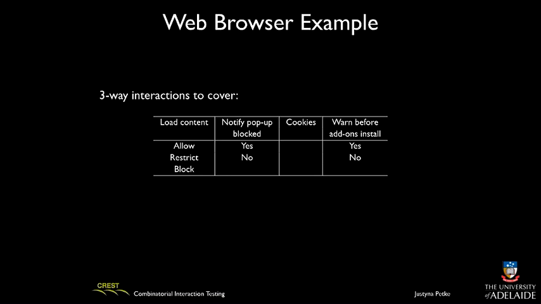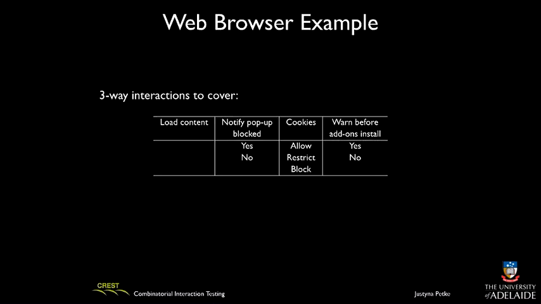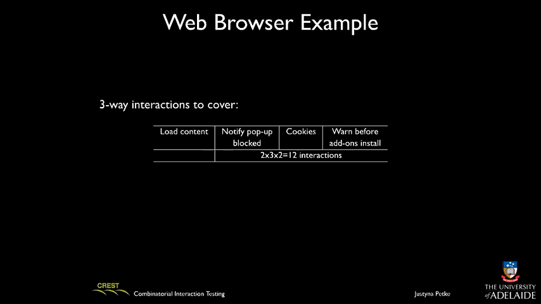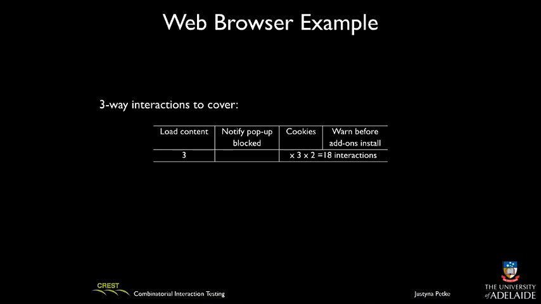If we now consider all the 3-way interactions of the first parameter with the second parameter and the fourth parameter, or 3 times 2 times 2 combinations, that gives us 12 interactions again. The last 3, 2 times 3 times 2, is again 12. Did we forget one? Oh yes, we forgot one. The first one was third and fourth. So another 18 interactions, or 18 interactions in total.